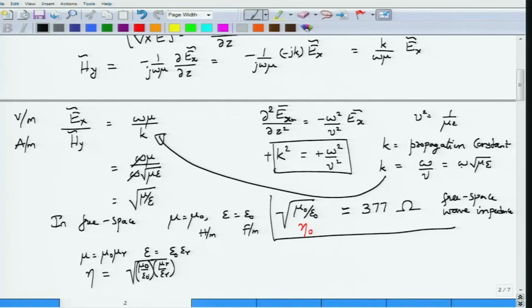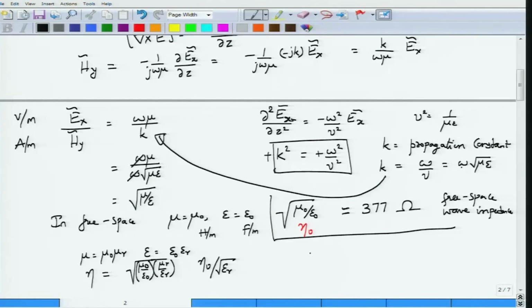But I already know that square root of mu 0 by epsilon 0 is nothing but eta 0, and in most cases that we are going to consider in this course, mu r is equal to 1. We are dealing with non-magnetic materials, so mu r is equal to 1, and epsilon r is whatever the value of the dielectric constant or the permittivity of the medium. So this is eta 0 by square root epsilon r.